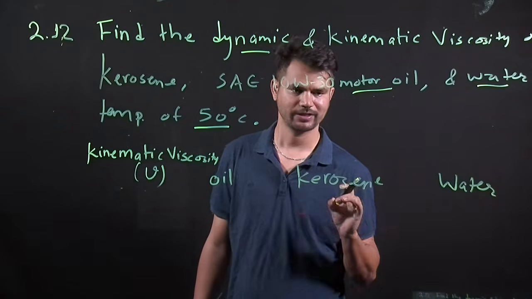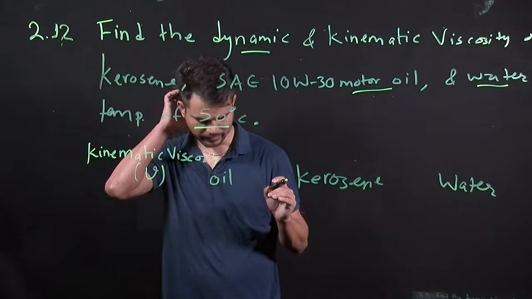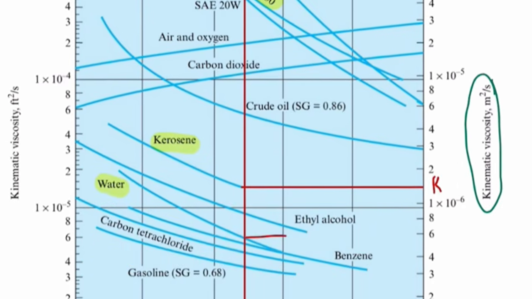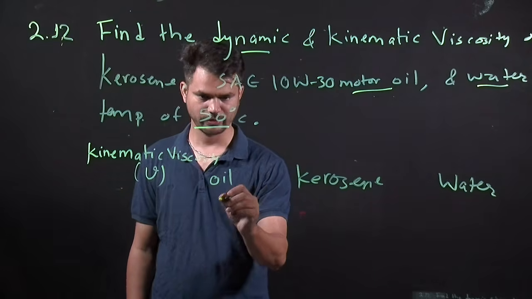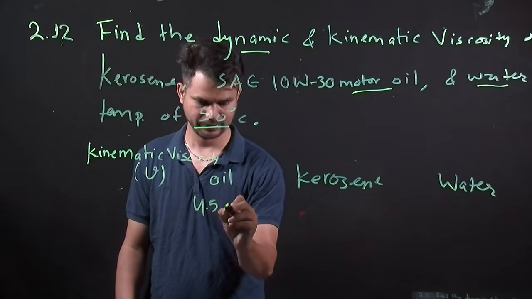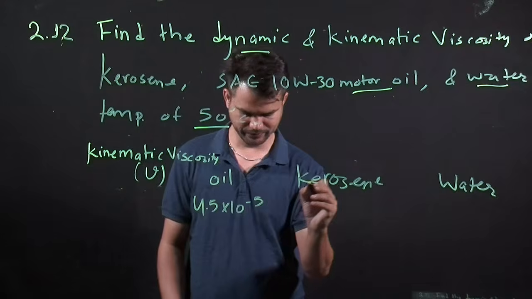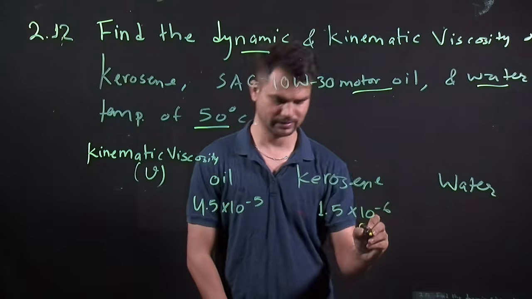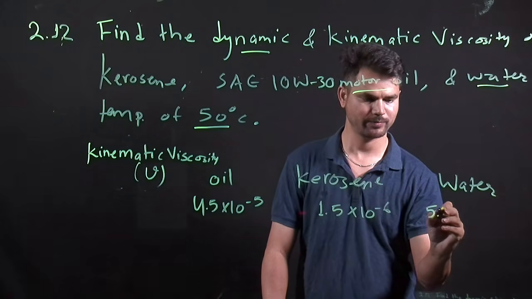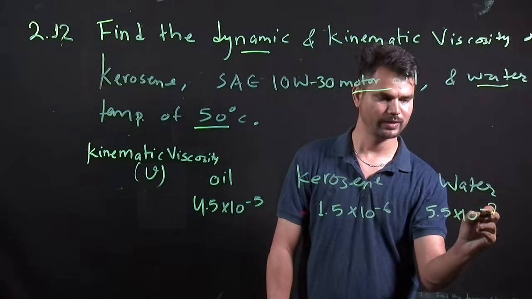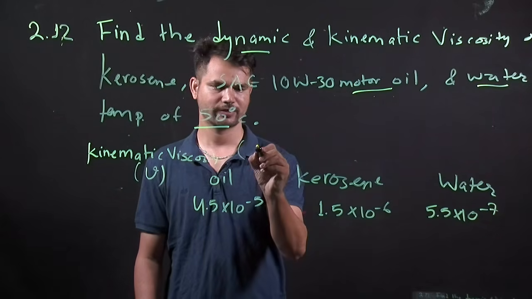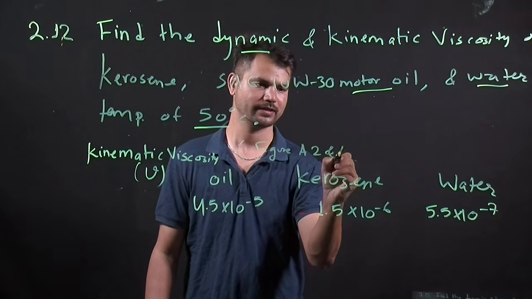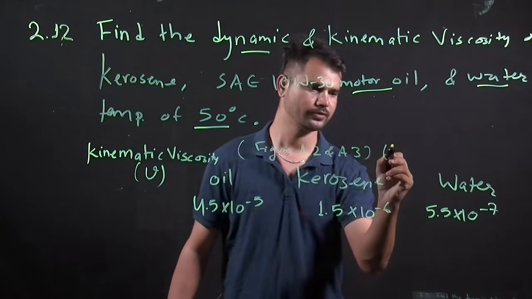By using figure A3, we get for oil 4.5 times 10 to the power minus 5, for kerosene 1.5 times 10 to the power minus 6, and for water 5.5 times 10 to the power minus 7. All these are from figures A2 and A3 in the book.